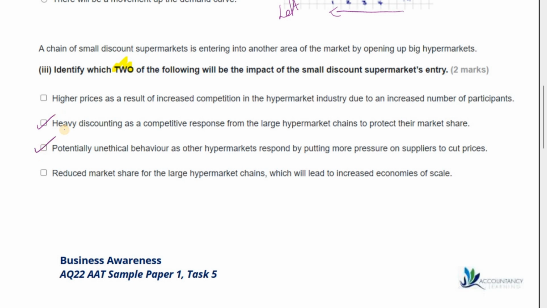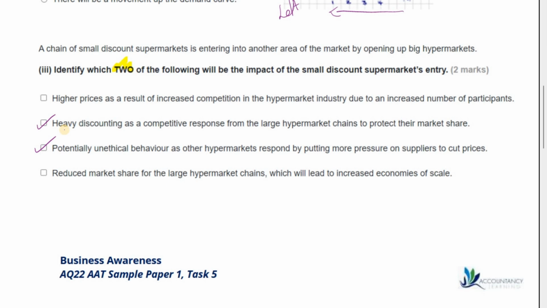So again, this is going to be a possible impact because the other hypermarkets are going to want to get things cheaper, and therefore it could present some unethical behaviour to try to make that happen. And then the final one, we've got our two answers there, so we have answered this question.